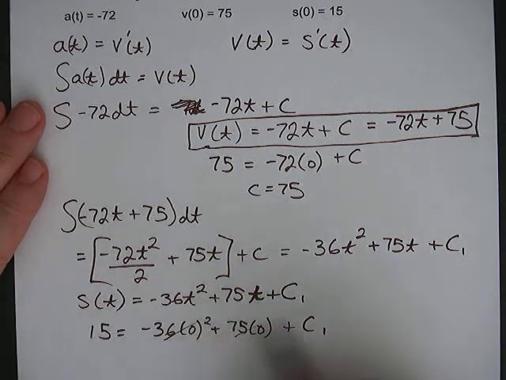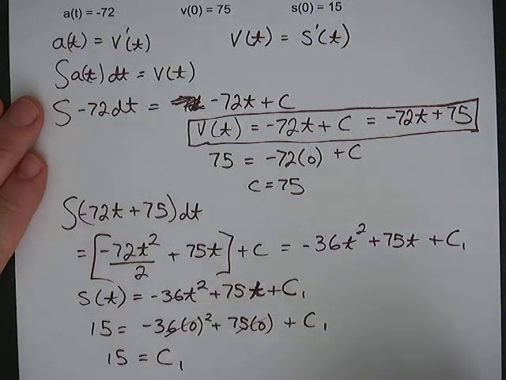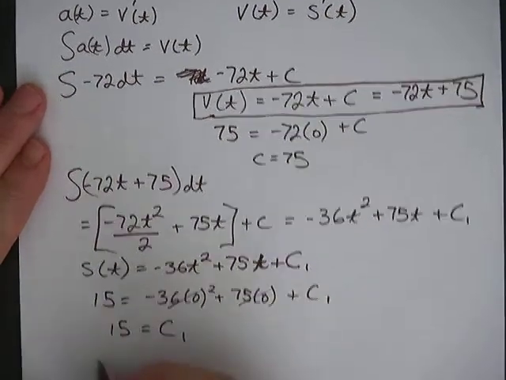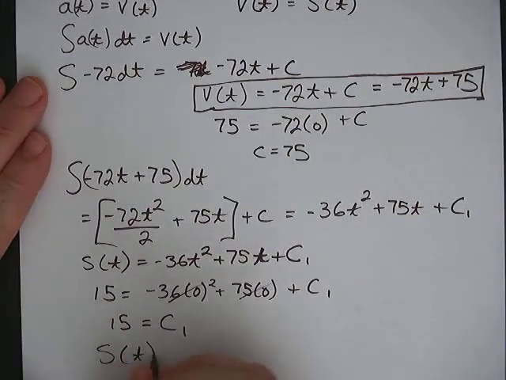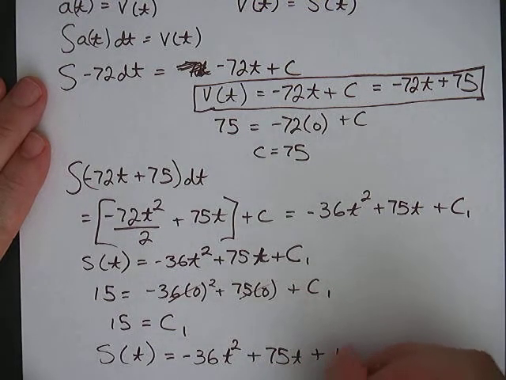Those terms cancel because they're zeros. 15 is equal to c1. So now we have our position function. S of t is equal to negative 36t squared plus 75t plus 15.